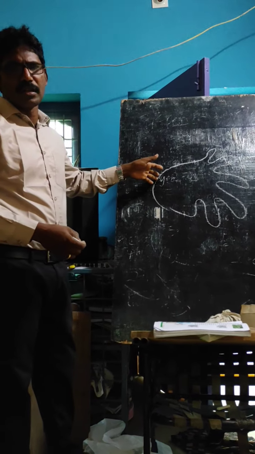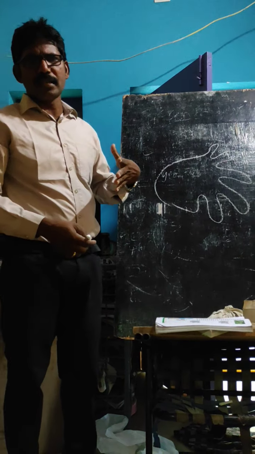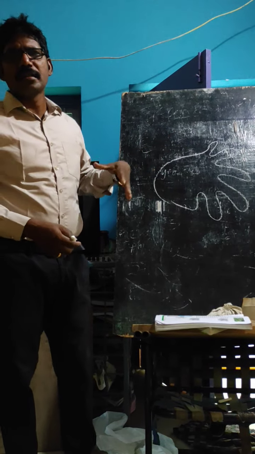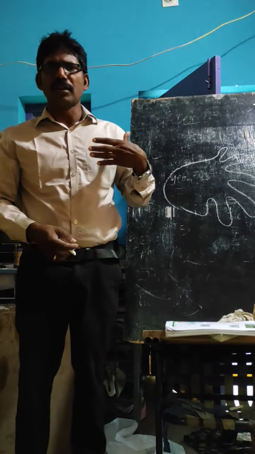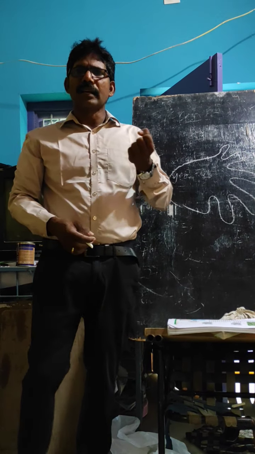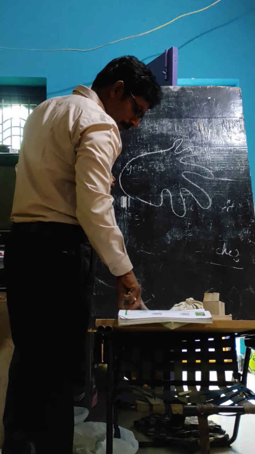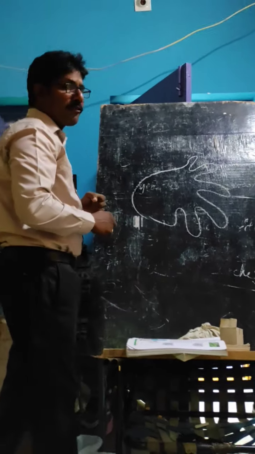This is a unicellular organism, so the total digestion process is done by only a single cell. But when the complexity and the structure of the organs increase, automatically the digestion process is also different, and different parts become specialized to perform different functions.